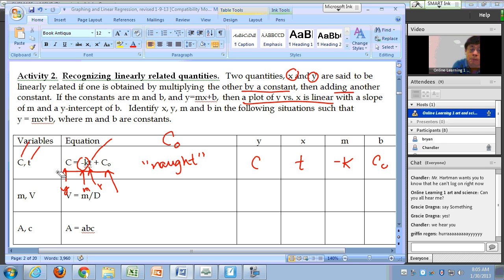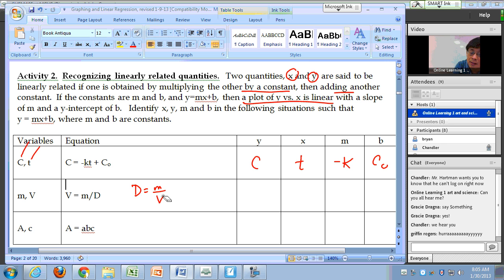So let's try this other equation right here. This would be an equation you would use for, let's say, if you were to measure the volume and masses of, let's say, water. And you can remember the formula for density is mass over volume. I just rearranged this, so now it shows up as V equals m over d.